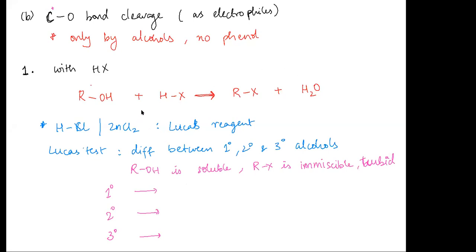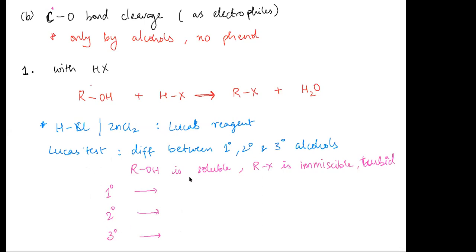Considering a carbocation is being formed in the intermediate state, in which case would the reaction occur the fastest? Primary, secondary, or tertiary? Correct, tertiary, right? So the tertiary carbocation is the most stable, which is why it is willing to form the carbocation.